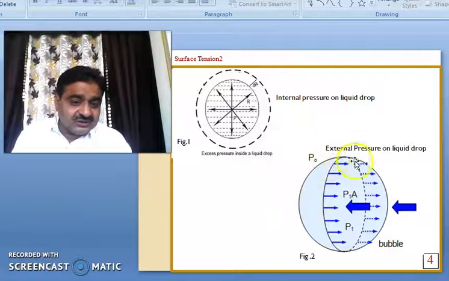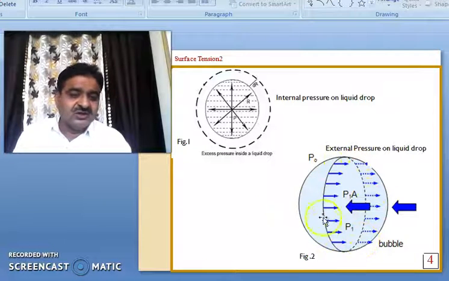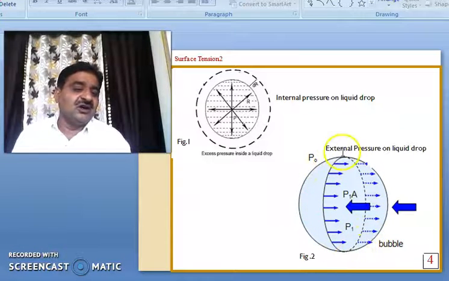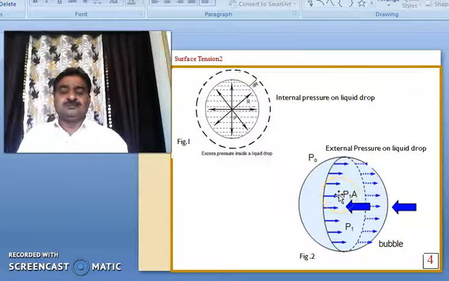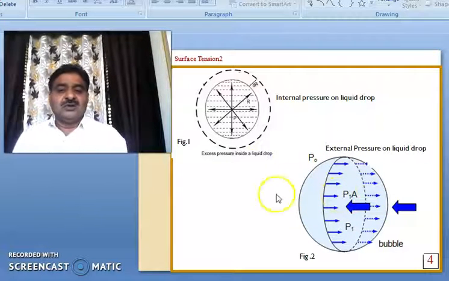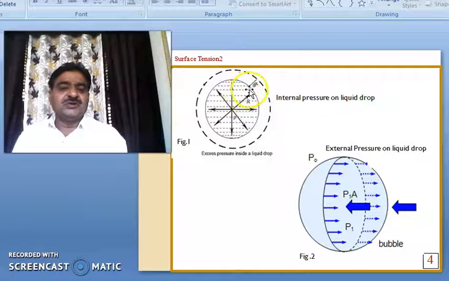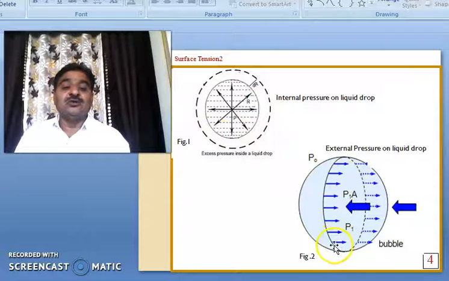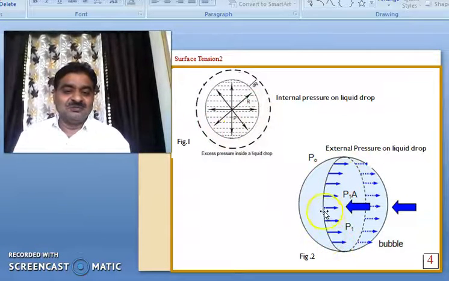And you see here this hemisphere you can consider, and this is nothing but the surface. And where is the surface tension acting? On the surface only, not in the internal layers. Surface tension exists here only, at the surface only. Carefully you have to observe.